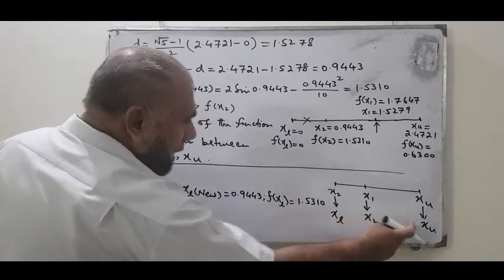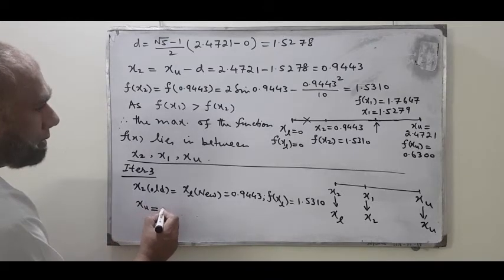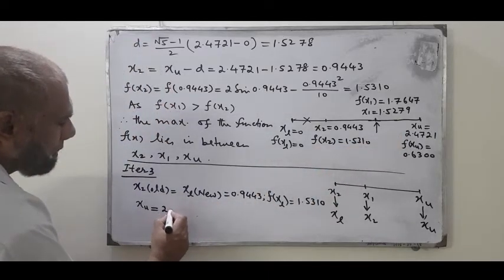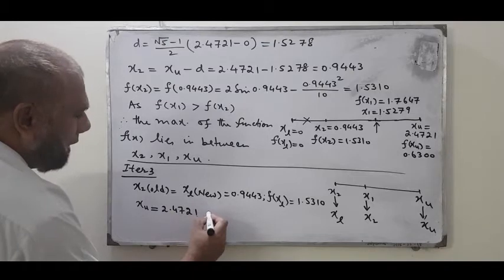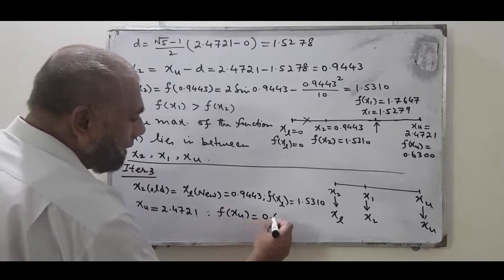And xu, which is the right boundary, is not going to change, so it remains as it is, xu is 2.4721, and the function's value at the right boundary will be the same, 0.6300.